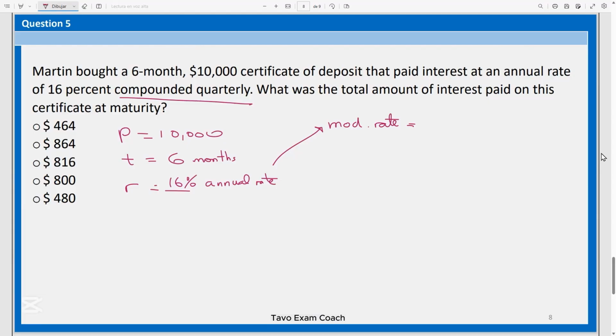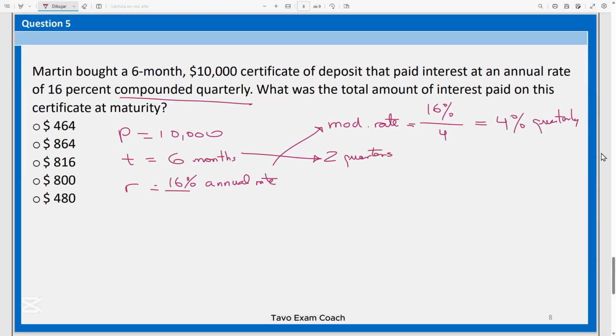So by dividing 16% by 4, because each year has 4 quarters, you have 4% quarterly. And then the duration of the investment, we can express also in quarters. So that would be 2 quarters, 6 months.